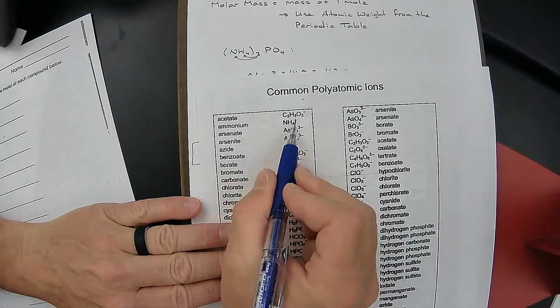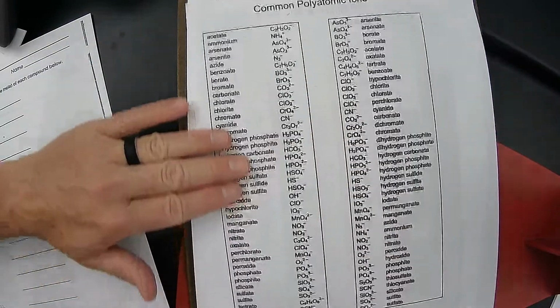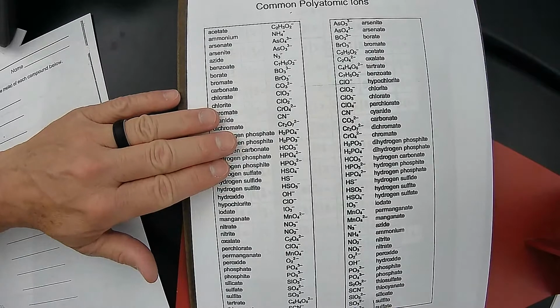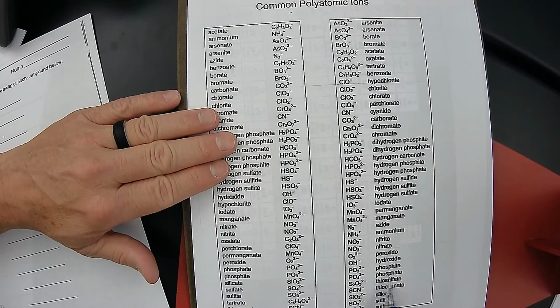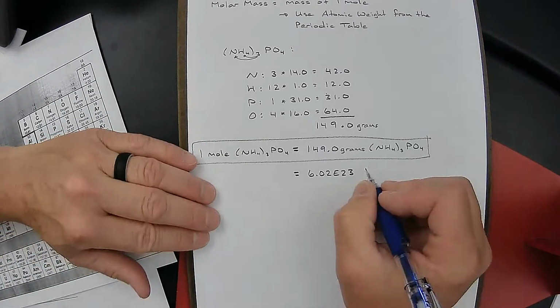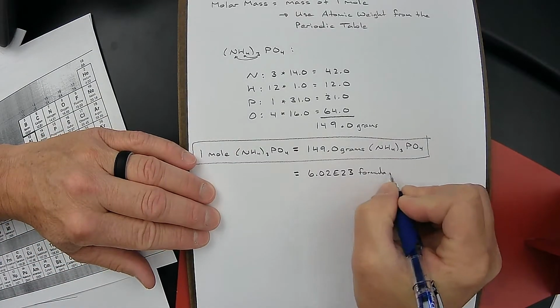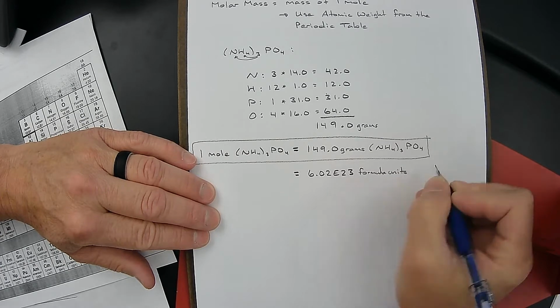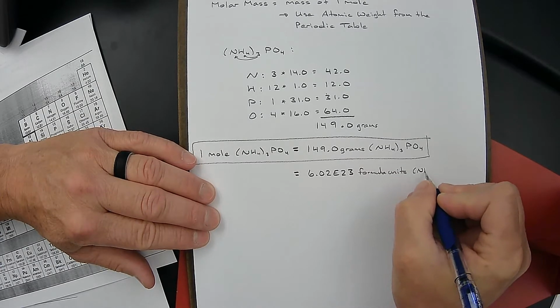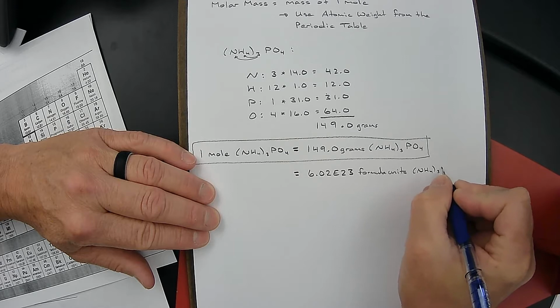It's ammonium, NH4 with a plus. And then PO4, phosphate, is also back here. So this is an ionic compound, so the particles are going to be called formula units of (NH4)3PO4.